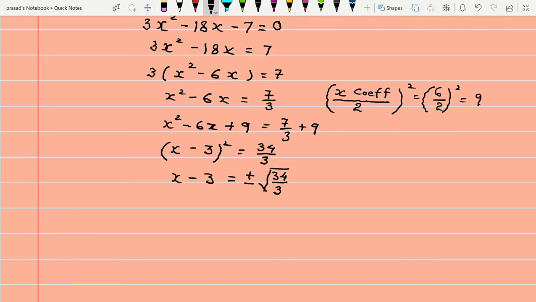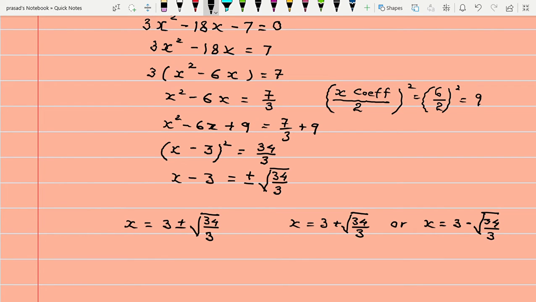So the two roots of this equation will be x is equal to 3 plus or minus root 34 upon 3, which means one root is x is equal to 3 plus root 34 upon 3, or the other root is x is equal to 3 minus root 34 upon 3.